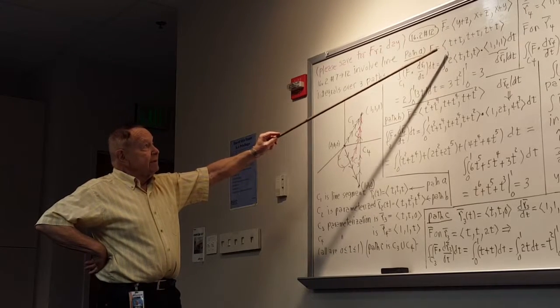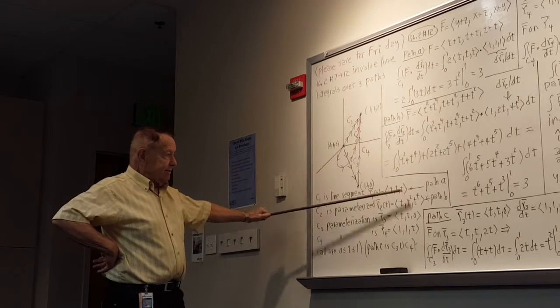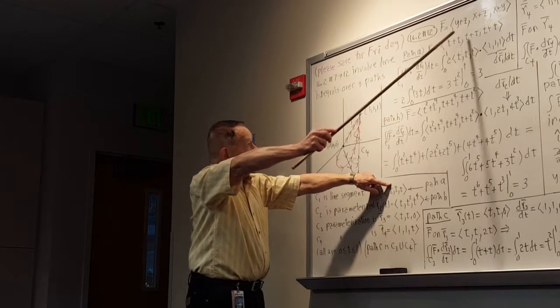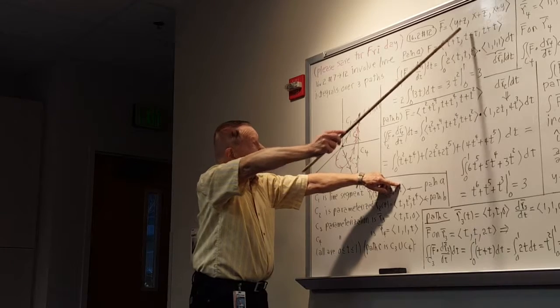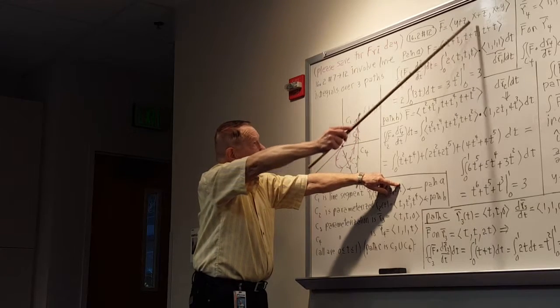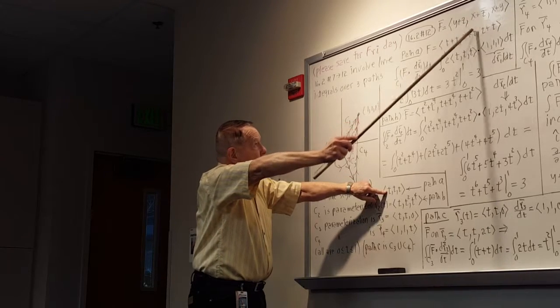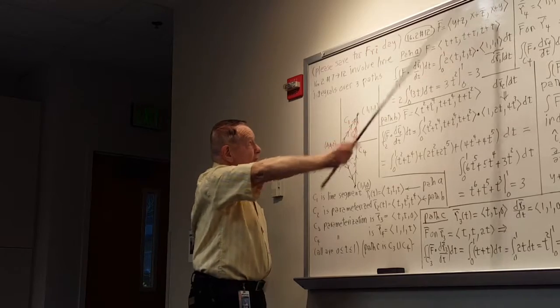If you're using path A, then you're saying x is t, y is t, z is t, and then for the next component x is t, z is t, and then x is t and y is t.